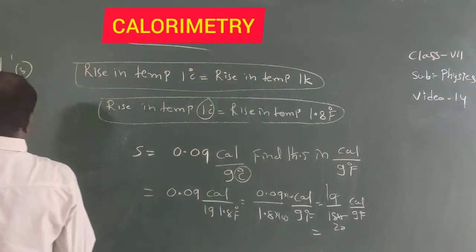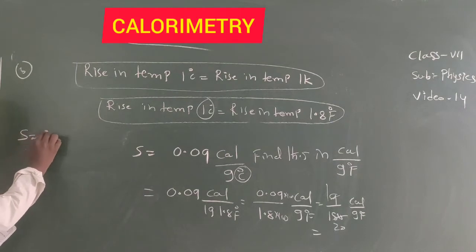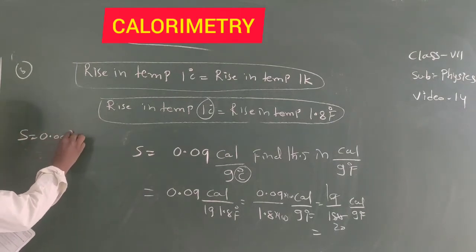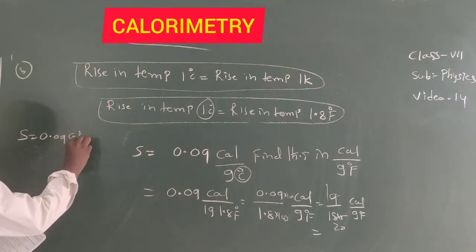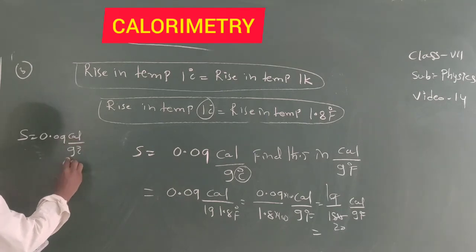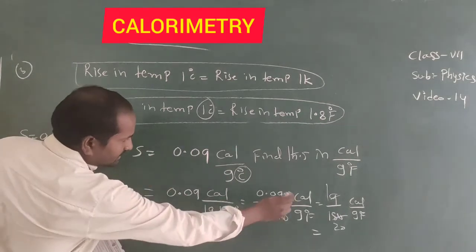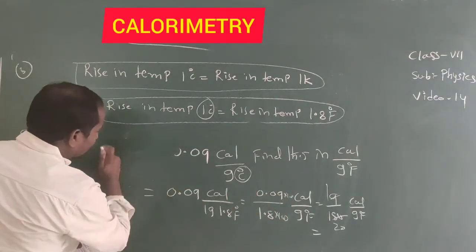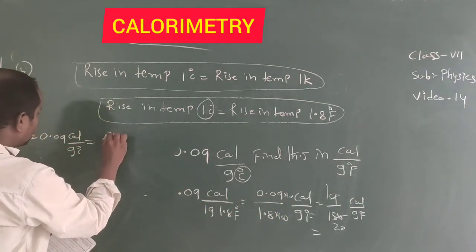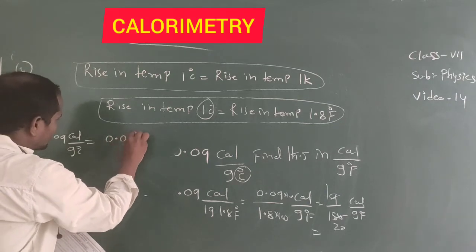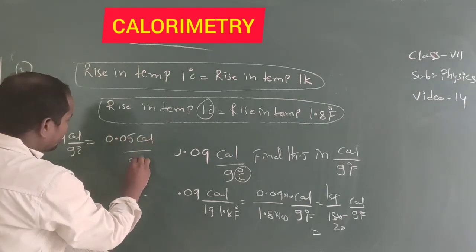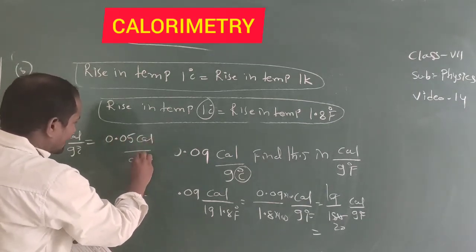So yes, 0.09 calorie per gram degree Celsius is equal to this value, equal to how much? That is equal to 1 by 20. So 1 by 20 we can write here 0.05 calorie per gram degree Fahrenheit.